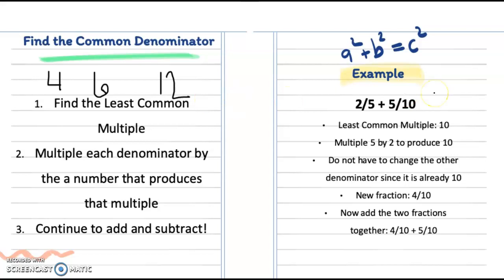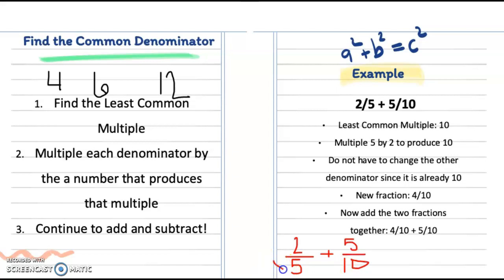So let's look at this example over here. We have 2 over 5 plus 5 over 10. Look at the denominators, remember that, not the numerators. The least common multiple of the denominators would be 10.